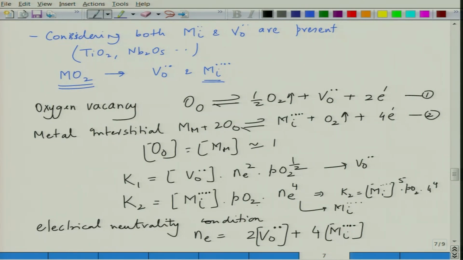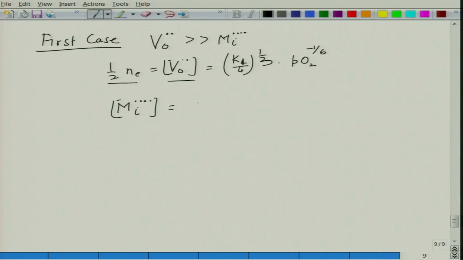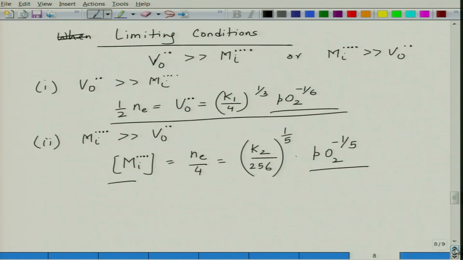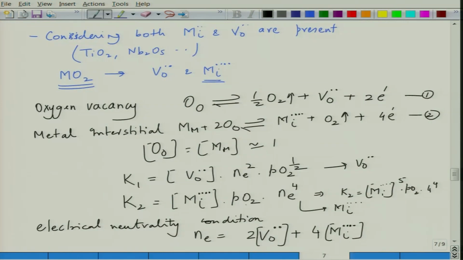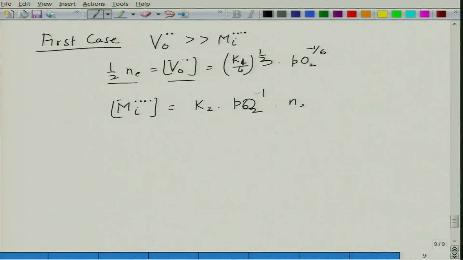So, Mi is equal to K2 into Po to the power minus 1 into Ne. So, you are writing this expression, the second one. So, this will become Ne to the power minus 4.